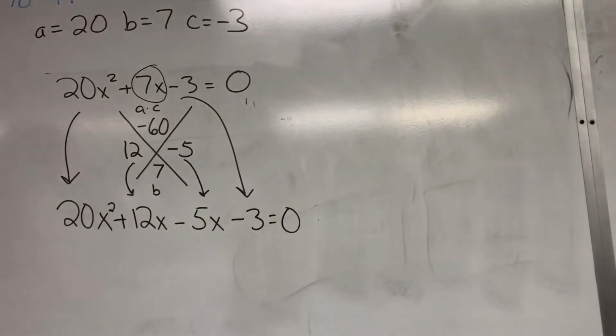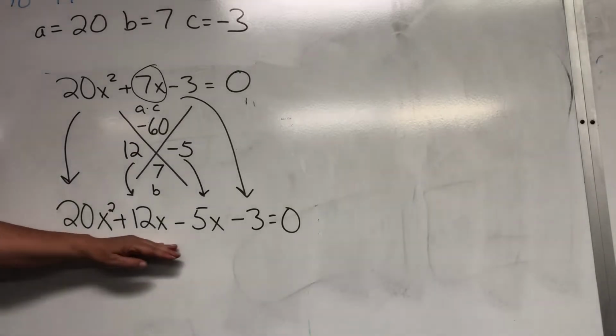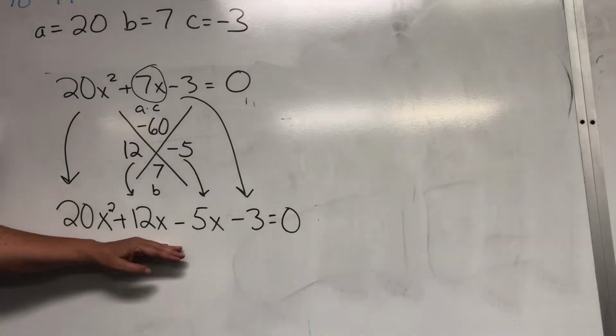At this stage, what you should have is the same equation as the one you set equal to 0. The only difference is the B term, the linear term, is split. So instead of positive 7x like I had above, I have 12x minus 5x, which is the same as 7x.